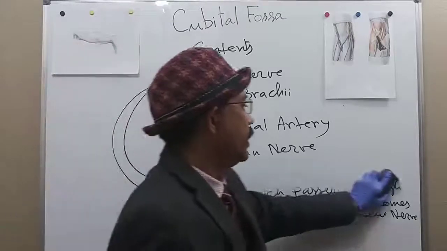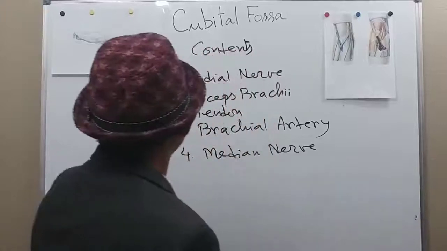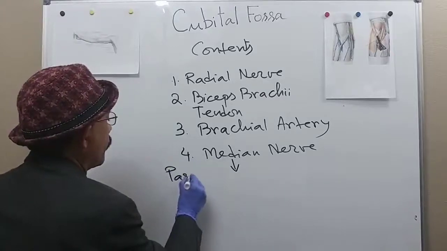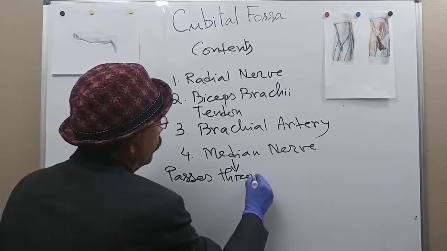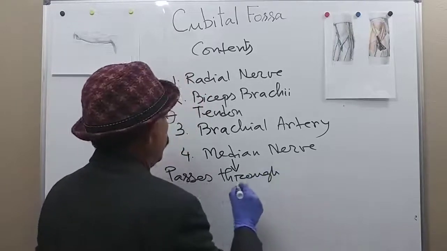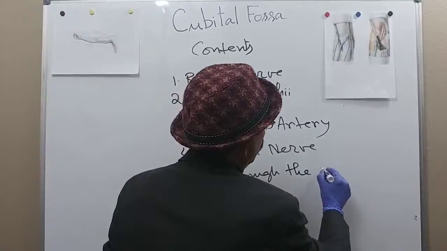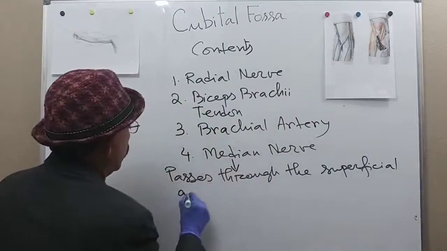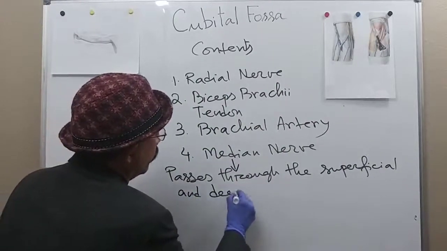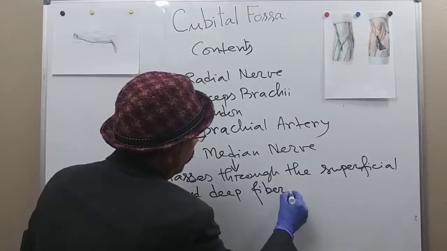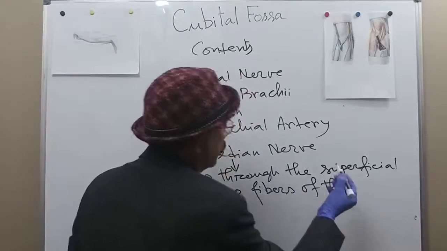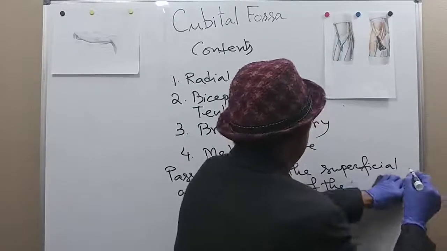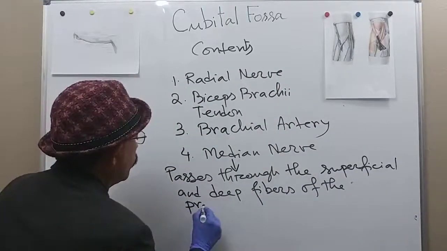How about the median nerve? The median nerve passes through the superficial and deep fibers of the pronator teres muscle.